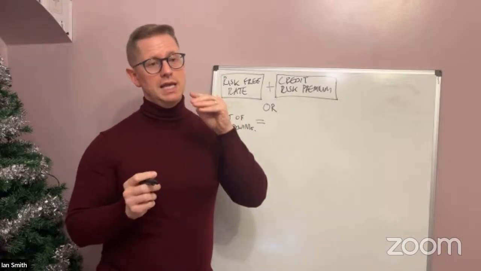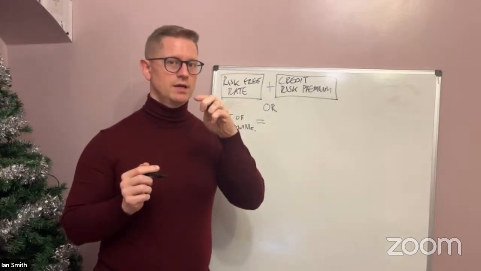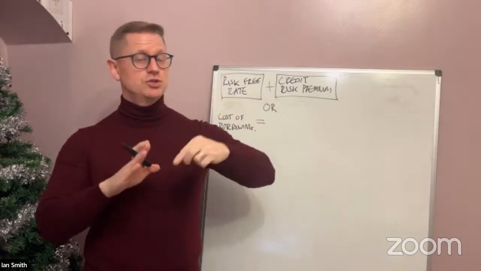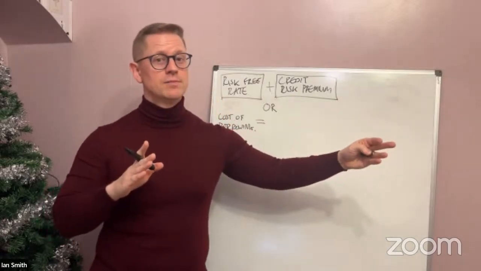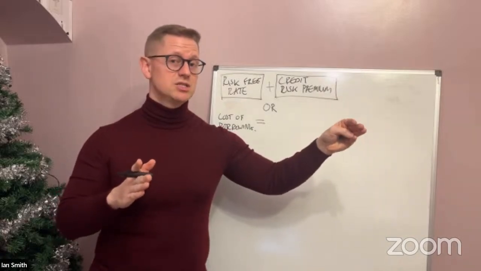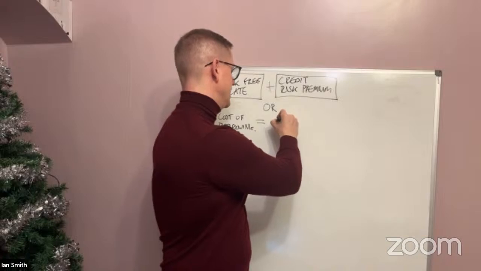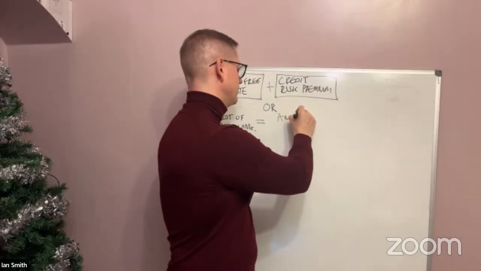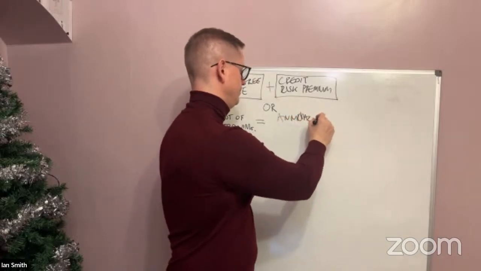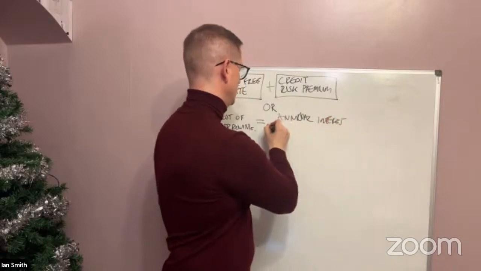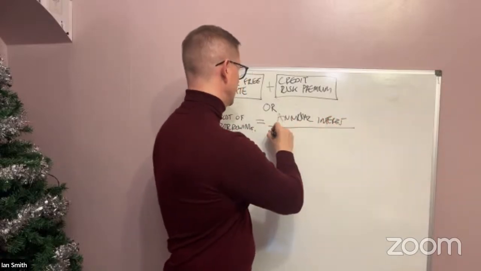And that will allow you to look at the cost of borrowing based on how much interest you're paying today and how much from previous borrowing you're costing the business in terms of borrowing money. So you look at the annual interest divided by annual average debt.